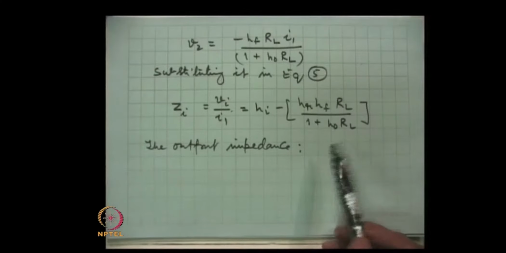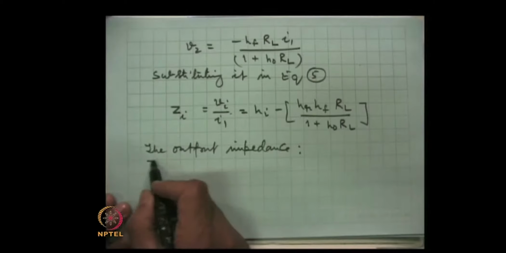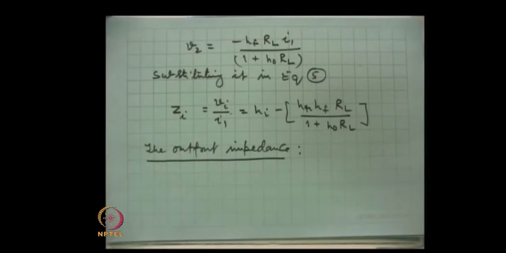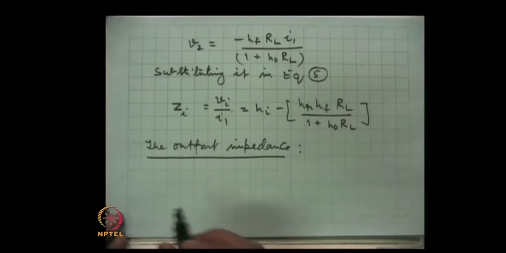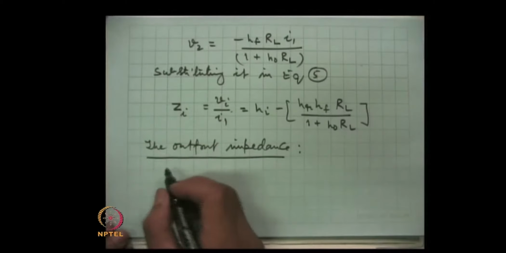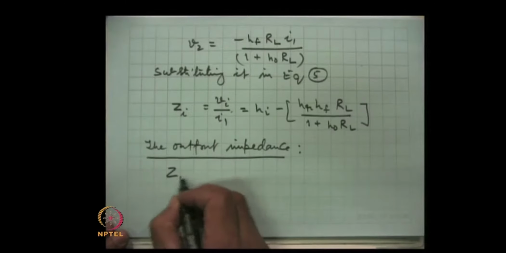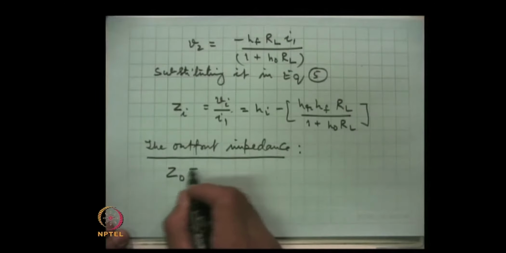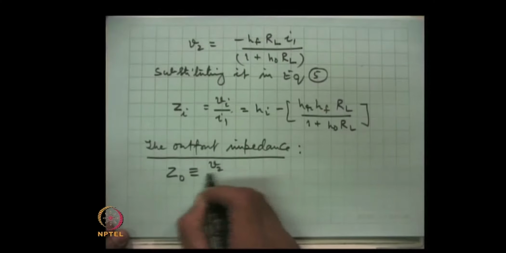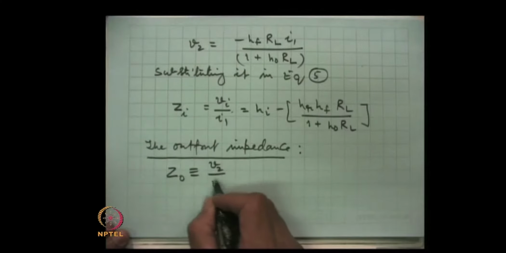So, we continue this analysis, and finally we will get an expression for the output impedance, and by definition this will be Z O, for output, and this is equal to V2 by I2.